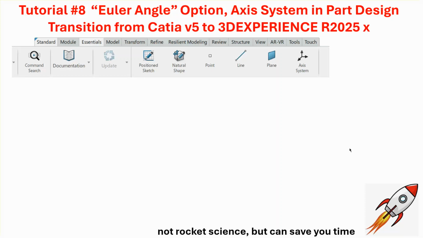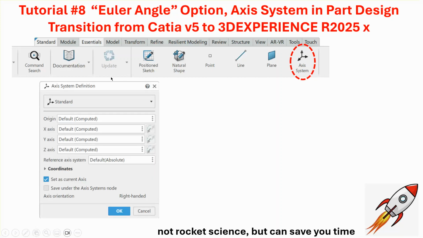So the situation is this: when you have a part, you have the global coordinate system X, Y, Z, but you can create your own axis system by clicking on the axis system icon here. This dialog box opens up.